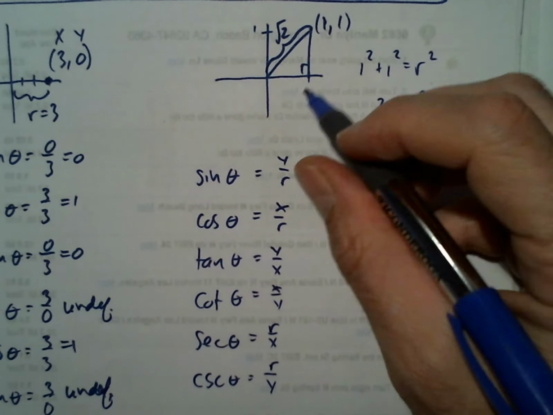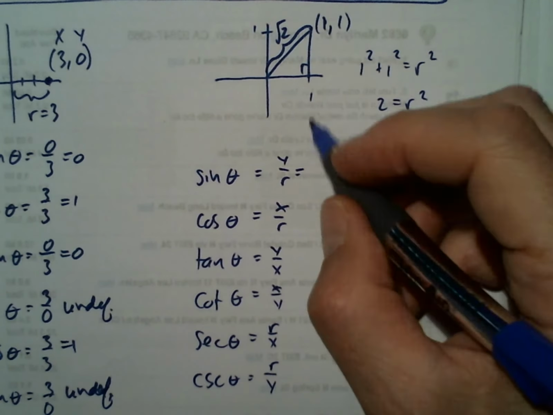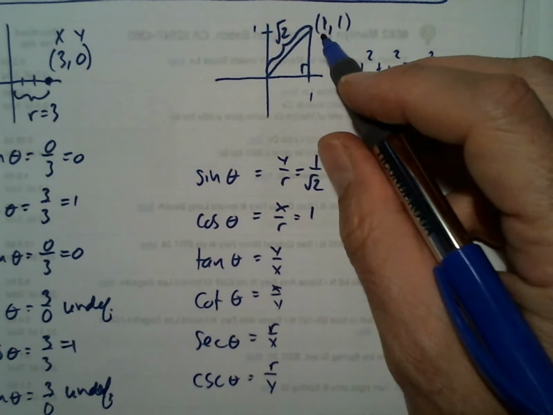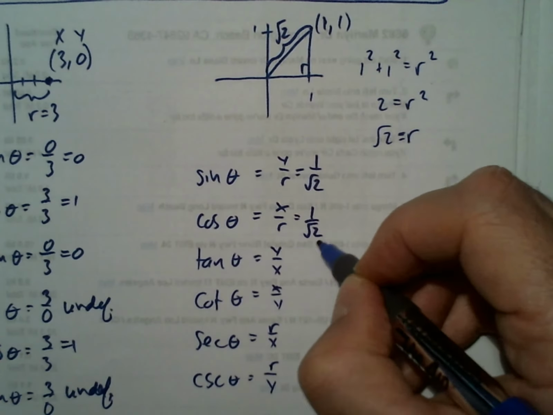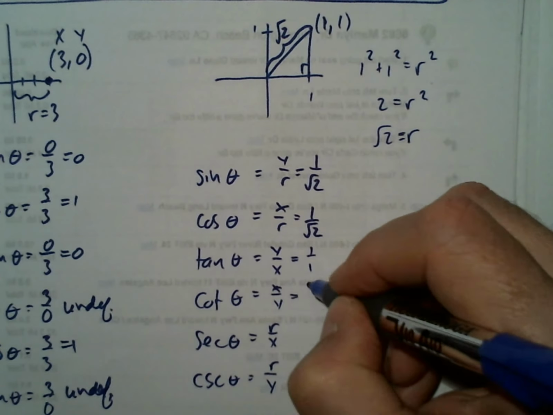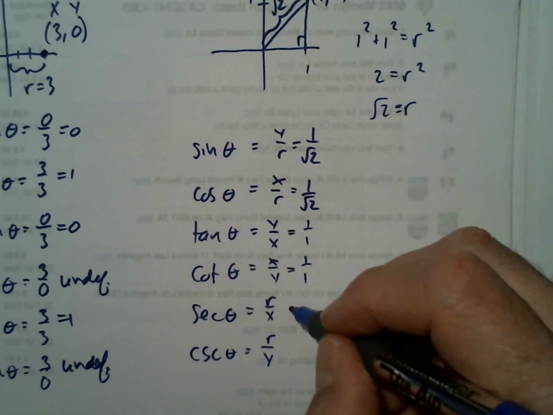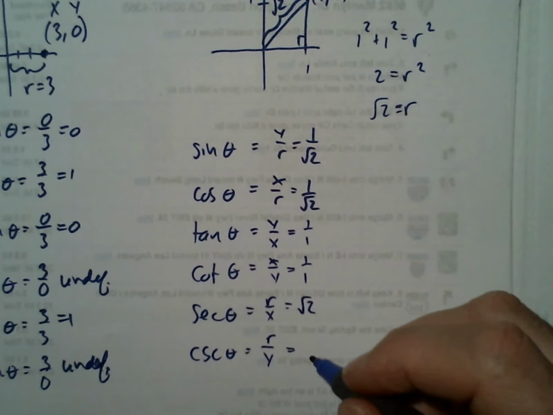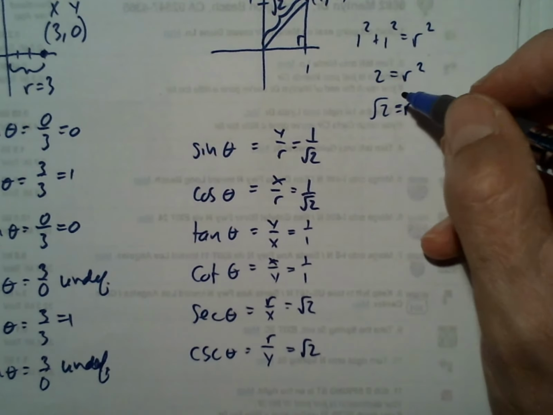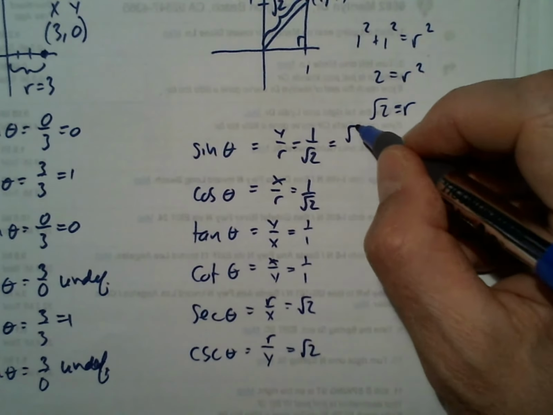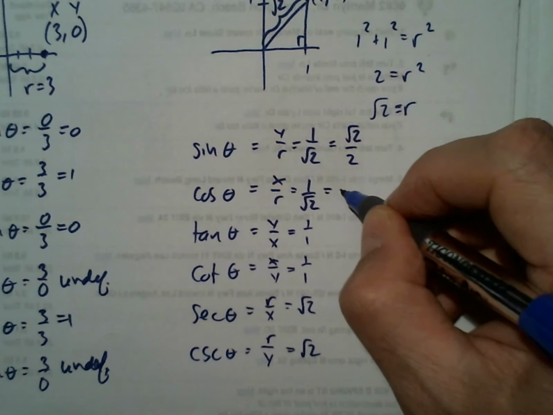The y value is 1, the radius is radical 2. X value is 1, radius is radical 2. Y is 1, x is 1. We can do the reciprocal of that and the reciprocal of that. Here we'll multiply numerator and denominator by radical 2 and we get that.